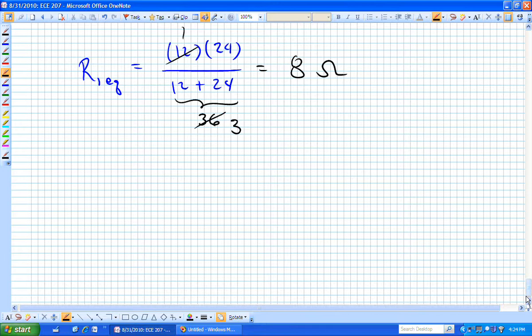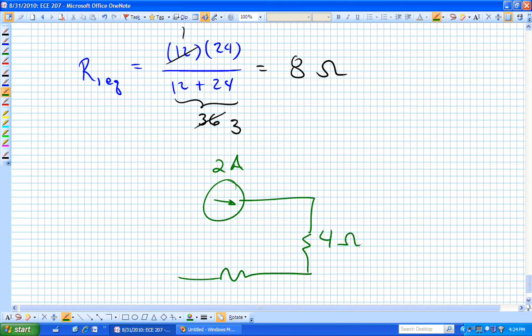Let's redraw the circuit. We now have the circuit looking like the following. There's our 2 amp source. We have now replaced the rightmost, which we were calling R sub 2 equivalent. That's now a 4 ohm. We didn't touch the middle. And the left was the parallel combination of 12 and 24, which is 8.